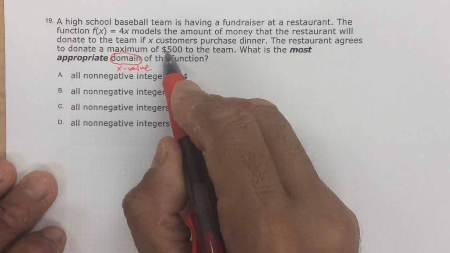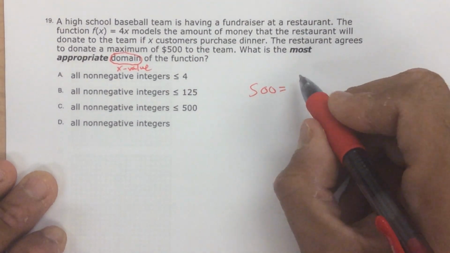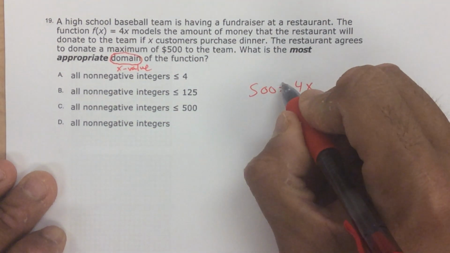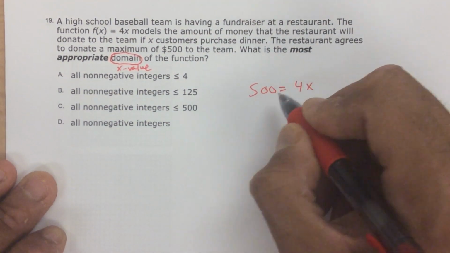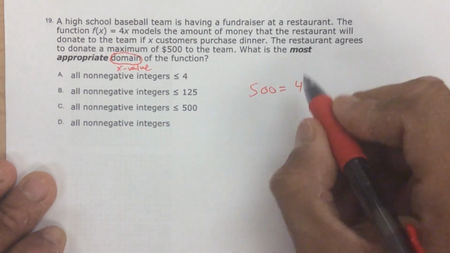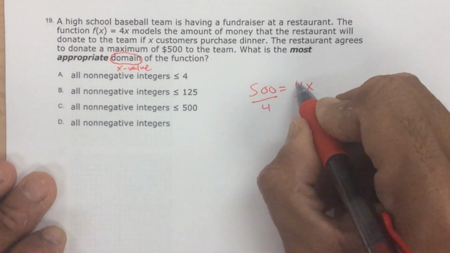So they're saying that your maximum is 500. So that means f of x equals 500. That's how much they're going to donate. That's the maximum, so obviously it's going to have to be less than that. So you want to make it equal to 500, and then you want to solve for x.